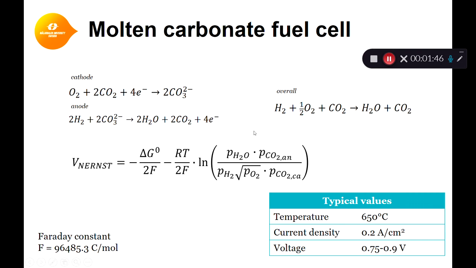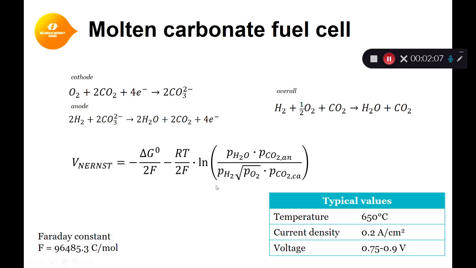The Nernst potential equation is a function of this ratio between the partial pressure of products and reactants. So the products of the overall reaction are water and the carbon dioxide formed at the anode side.